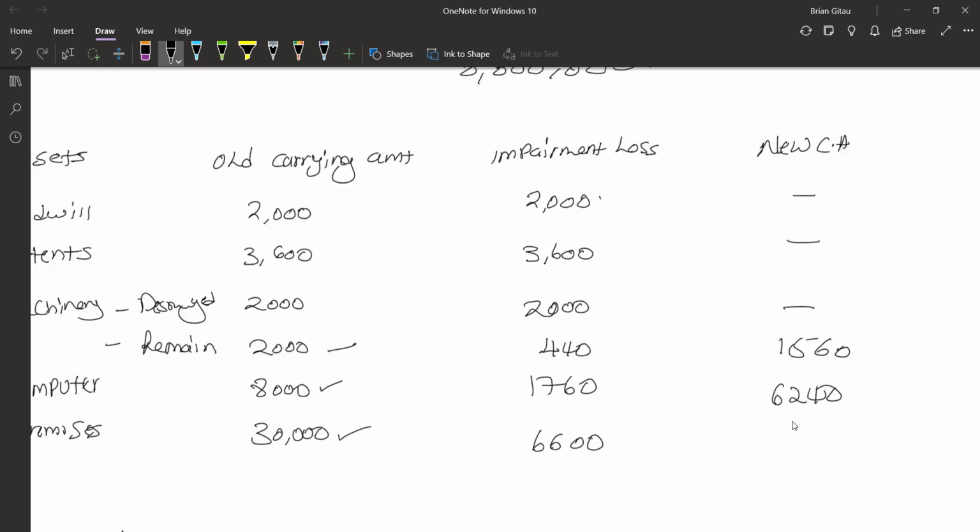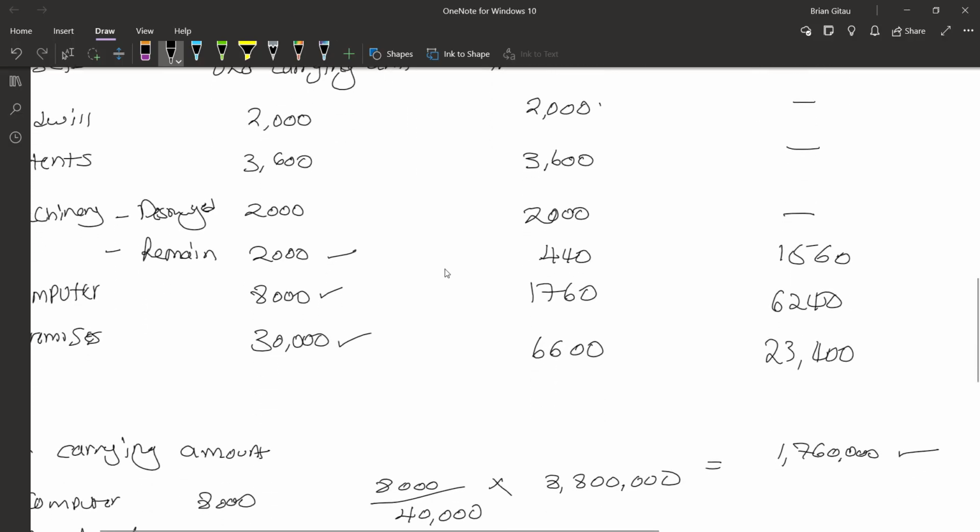And if I take the last one, 30 million minus 6600, will give me 23.4 million, not 31.2. 23.4 million. So that's it.